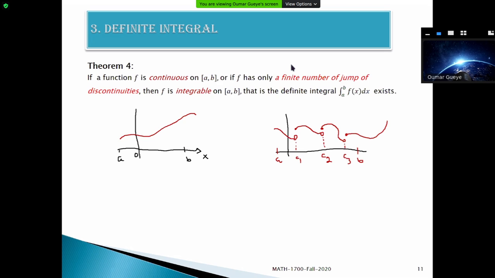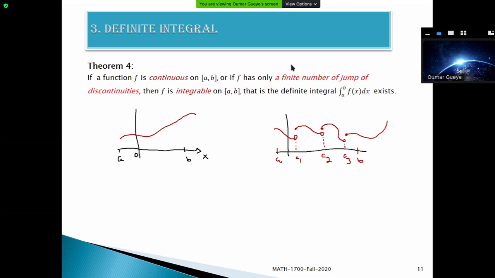You can see here we have a finite number of discontinuities. Such a function is also integrable. That's the meaning of this theorem. For these two cases, the function is always integrable, because for the second one we have a finite number of discontinuities. In my example, we only have 3.